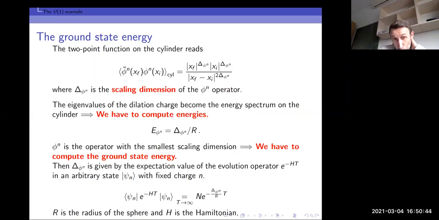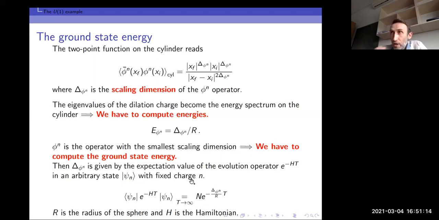So we will be computing the ground state energies, the smallest energies, through this equation, as you see. And technically, how we're going to do that, we are going to compute the expectation value of the evolution operator e to the minus Ht. H is just the Hamiltonian on the cylinder of our U(1) scalar field theory. And this expectation value will be in an arbitrary state I call psi n with fixed charge n. This state can be arbitrary in the following sense.